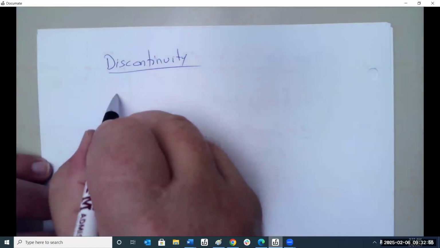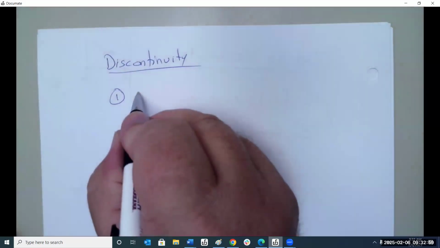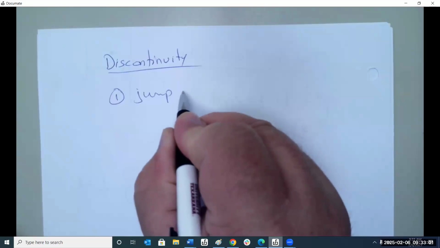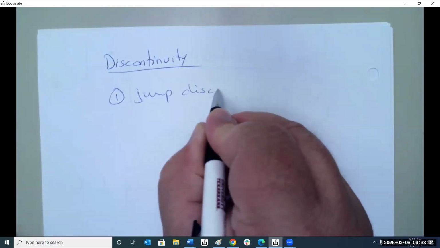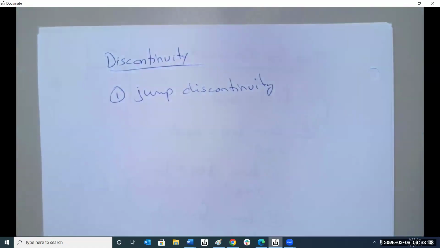Discontinuity, where do they exist? How do we know a function is discontinuous? One, if it has a jump discontinuity. What is a jump discontinuity?